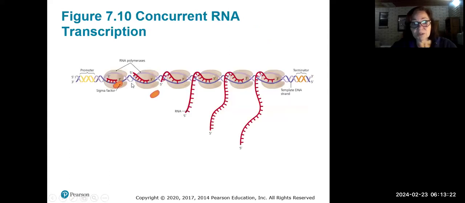You can have multiple RNA polymerases happening, or you can think of this as happening through time, that this RNA polymerase keeps moving down, and as it moves down, this strand of messenger RNA is getting longer and longer until finally we reach the terminator, and then we're done transcribing.